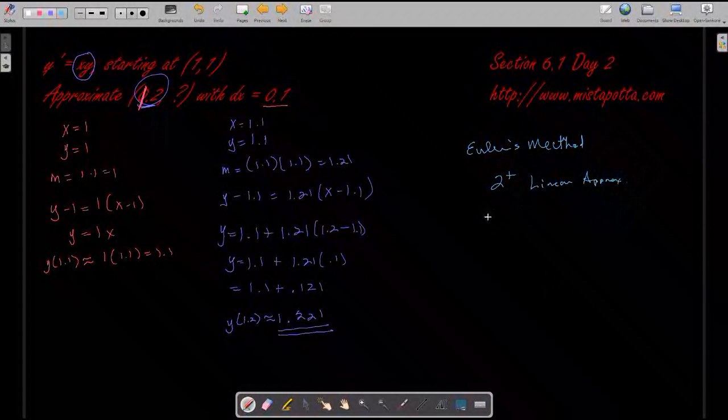And the whole idea is that we want to contour our tangent lines to approximate the graph.